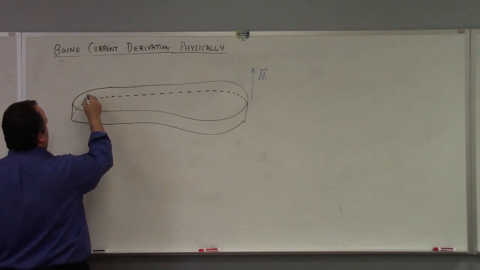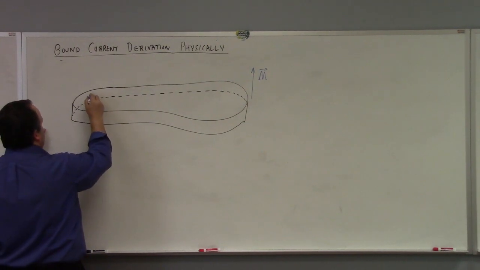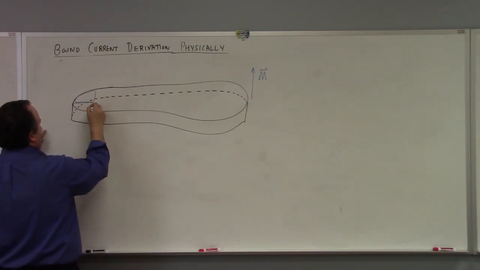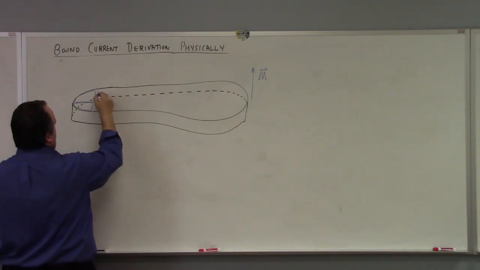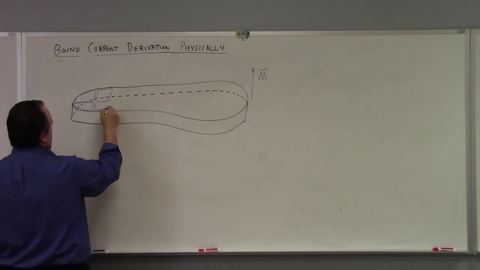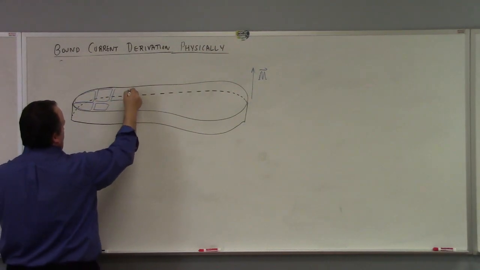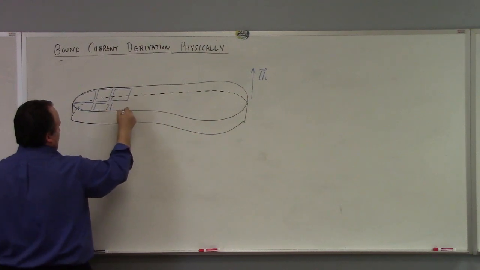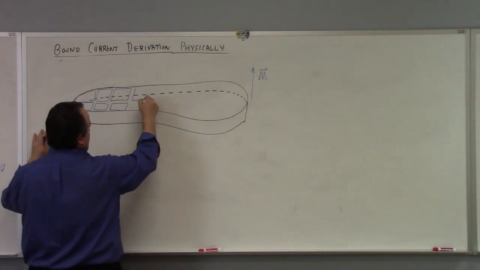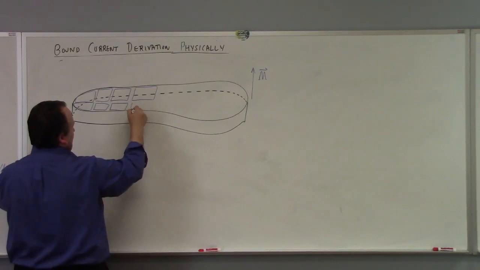So maybe there's one here, and there's one there, there's one here. I'm trying to make these big enough that I don't go nuts drawing them. We'd like to do more today than just draw this picture.